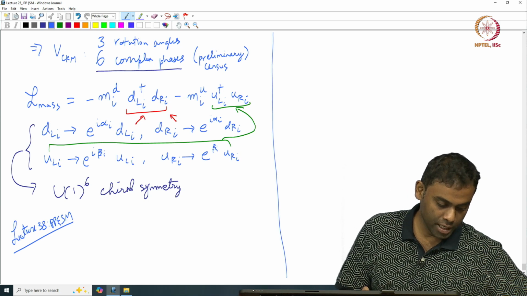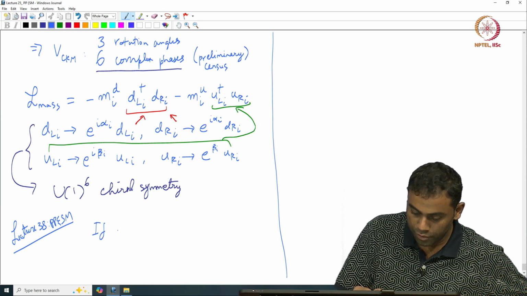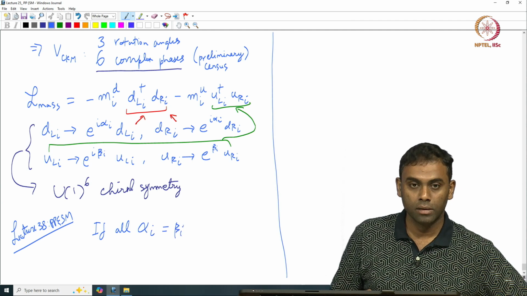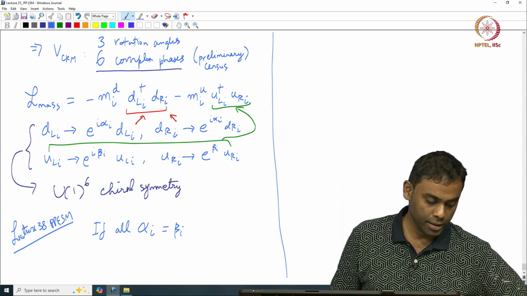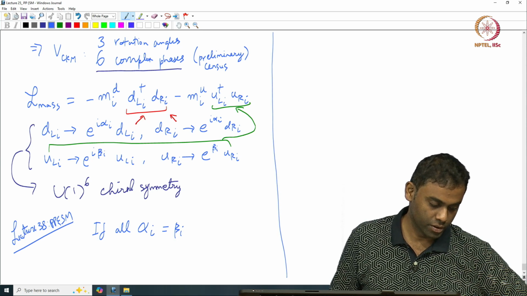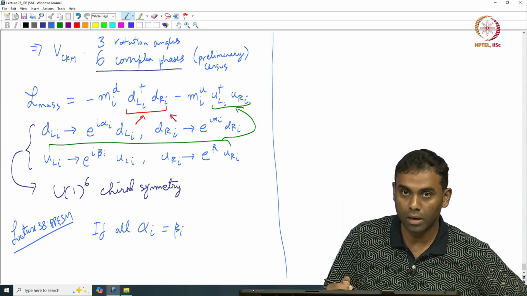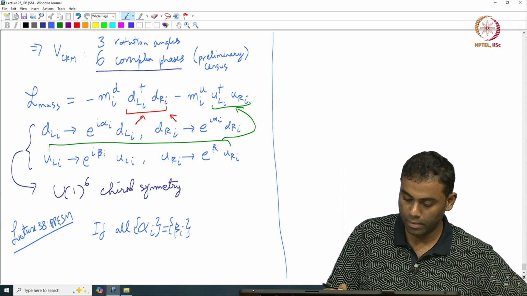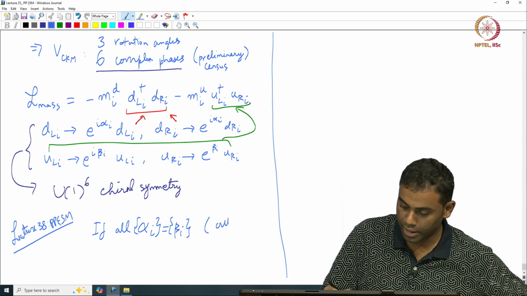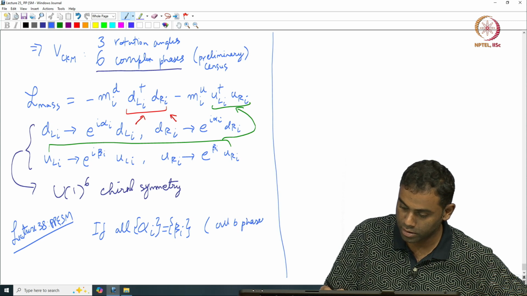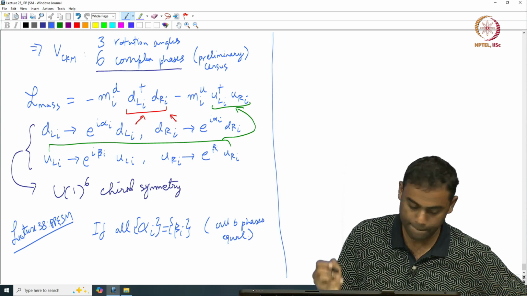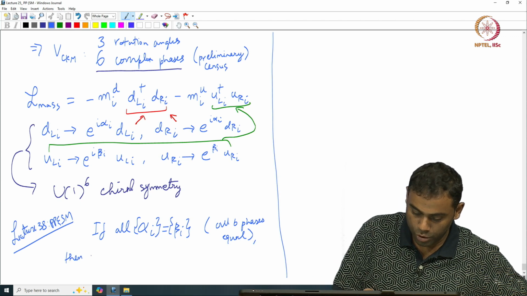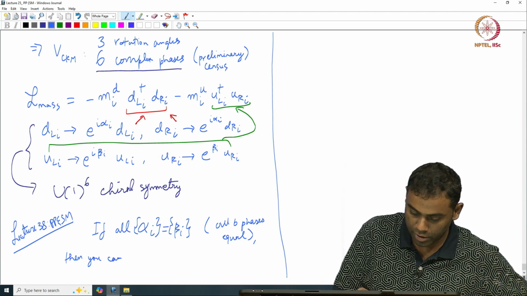I am going to claim that if all alpha_i were equal to beta_i, that is, if all 6 phases were equal, then you cannot remove it from the CKM matrix; it will have no effect in the CKM.